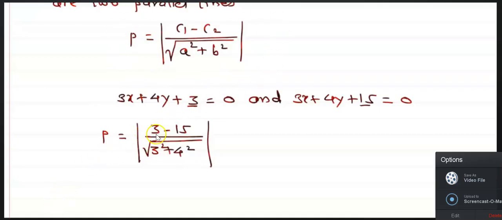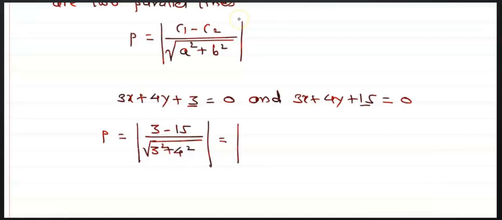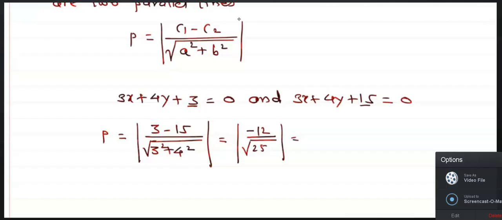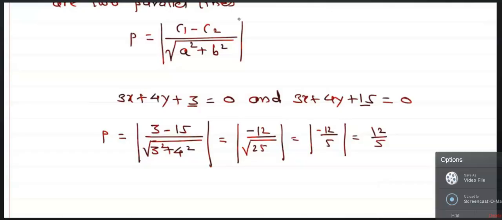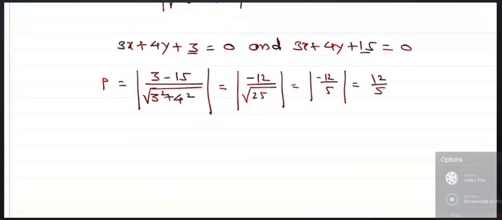Therefore p is equal to mod of 3 minus 15 upon the square root of 3 square plus 4 square. It is normal simplification. Therefore the answer is 12 upon 5 units.